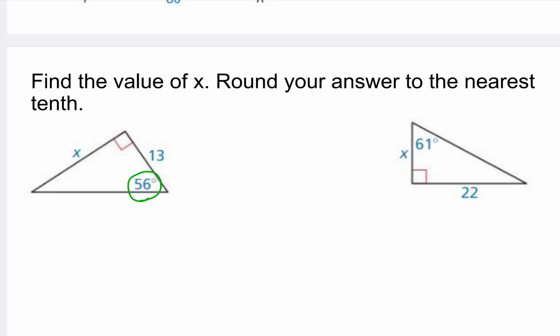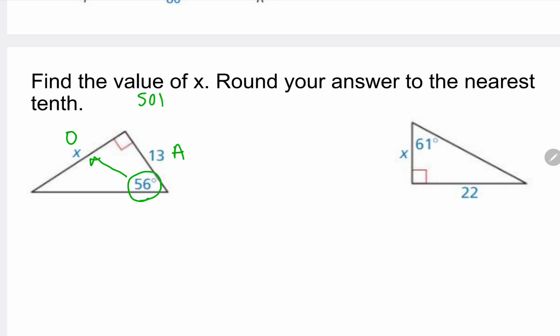Your first step is to decide if you need to use tangent, sine, or cosine. And I told you we're starting with tangent here, but let's talk about why. So the x, what you're trying to find, is opposite of the 56. And the 13 is what's considered adjacent to the 56.